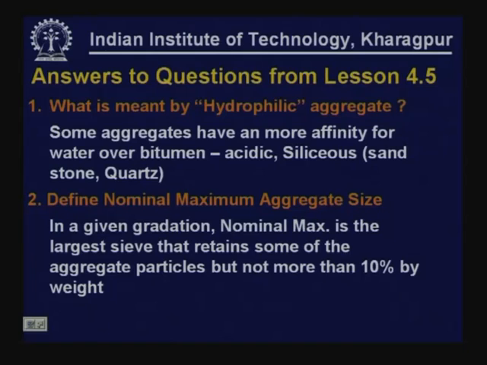Now, let us have some answers for the questions that we asked in lesson 4.5. If you remember, lesson 4.5 was about aggregates. What is meant by hydrophilic aggregate? As we discussed in the last class, some aggregates have more affinity to water compared to their affinity to bitumen.